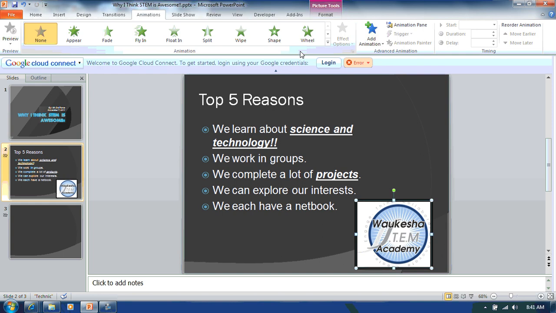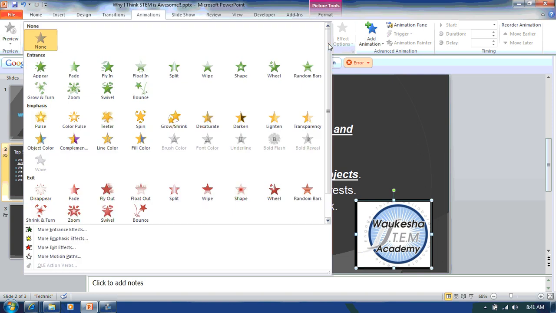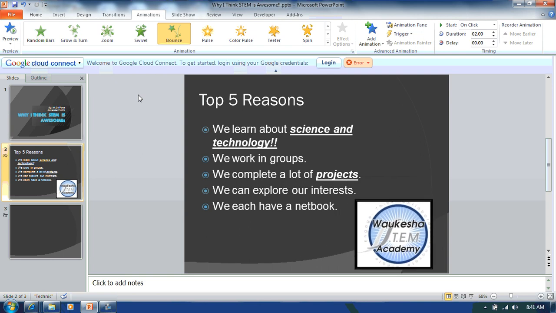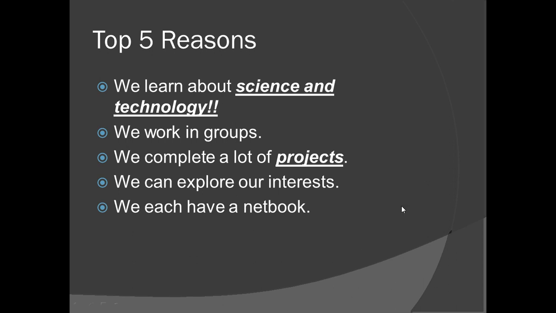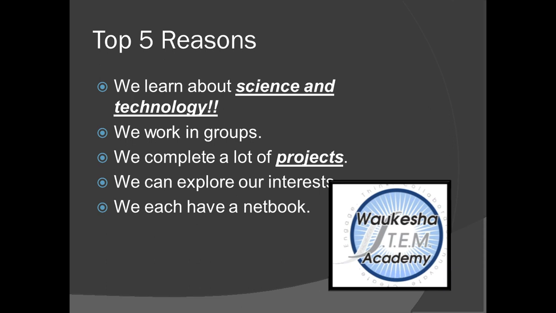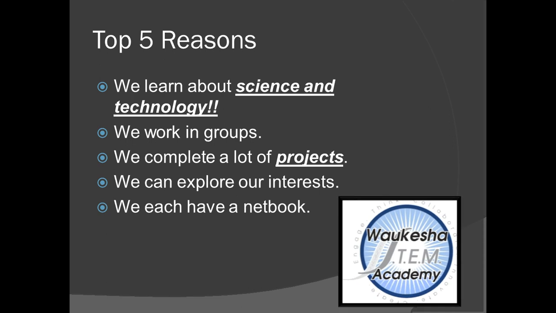So I'm going to select this object, and select an animation that I want it to have. Let's say I want it to bounce in. Now when I go to my preview, and the slide appears, the picture hasn't appeared yet. I have to click my mouse and it will activate the picture and it will bounce in.